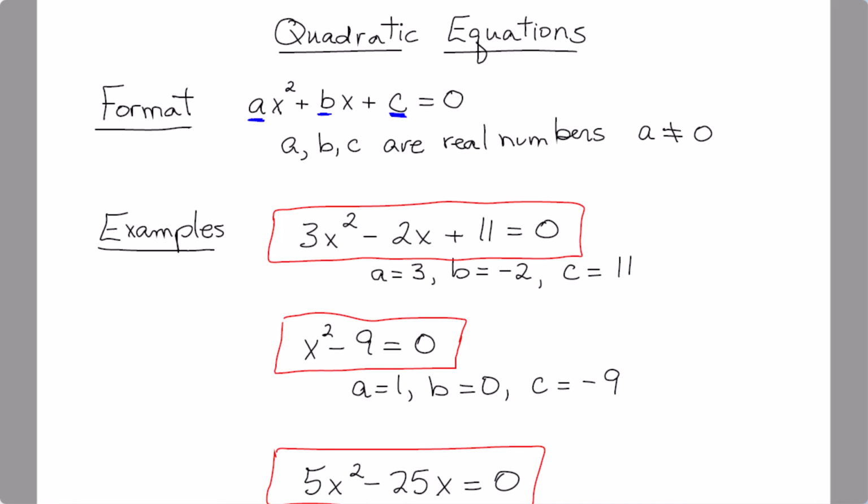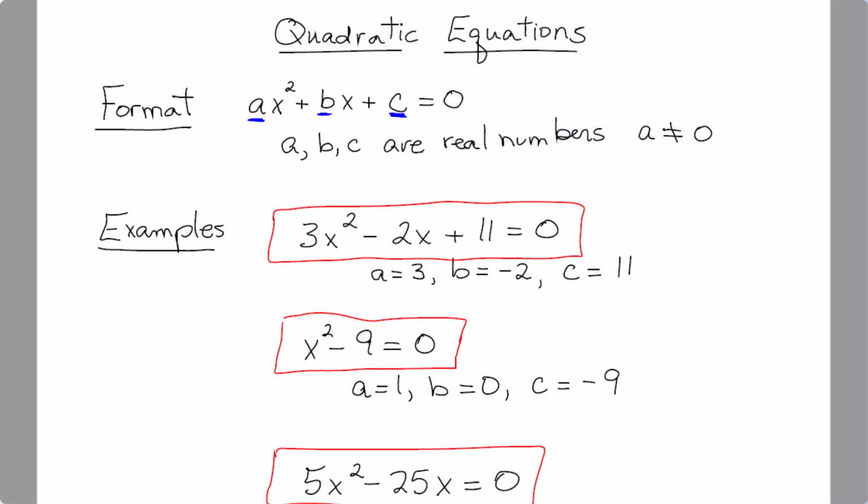The A, the B, and the C are any real number that you like. The only restriction is A can't be 0. If A were allowed to be 0, that term would be gone, and I would lose my variable being squared.